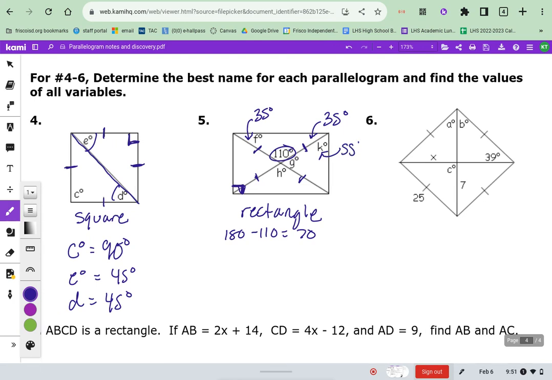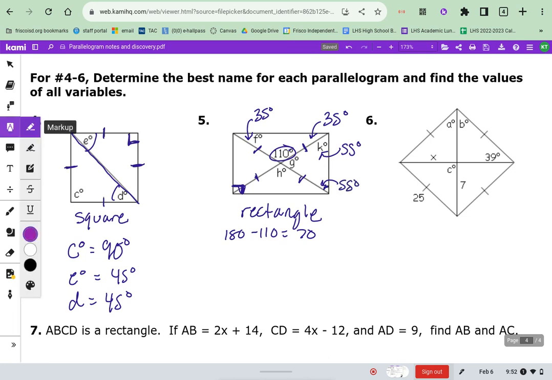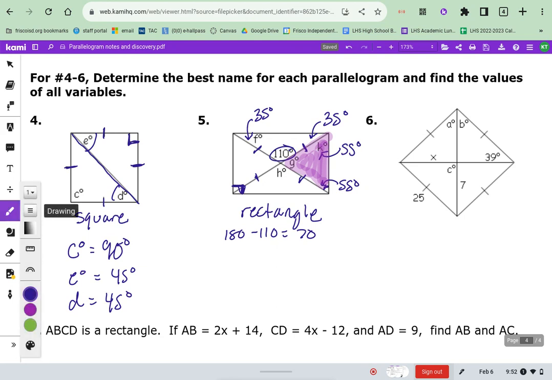So I have 55 degrees left for K. Which means this little angle is also 55 degrees because we have another isosceles triangle right here, so those base angles have to be congruent to each other. So now in my purple triangle, G plus 55 should equal 180 because all triangles have 180 degrees. So G is 70.